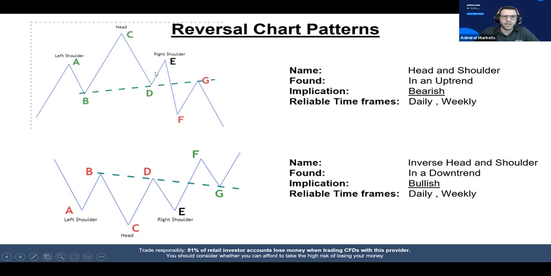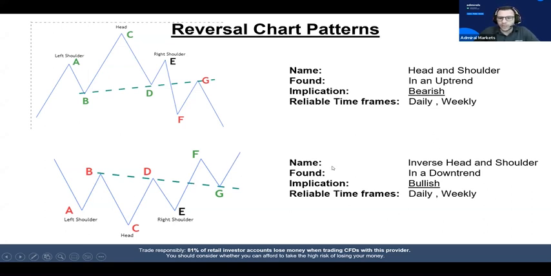Then the buyers are unable to create a new high, and at point E, the sellers push the price lower. So we have this head and two shoulders, left and right formation. We wait for a pullback, and it has bearish implications. And as I said, it's one of the most accurate reversal trading patterns for me.